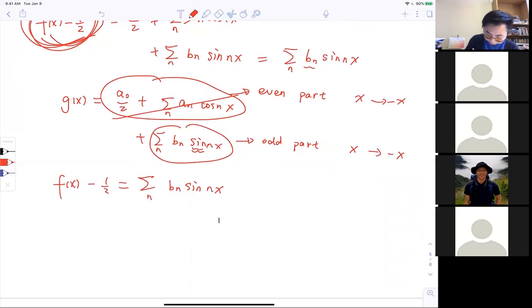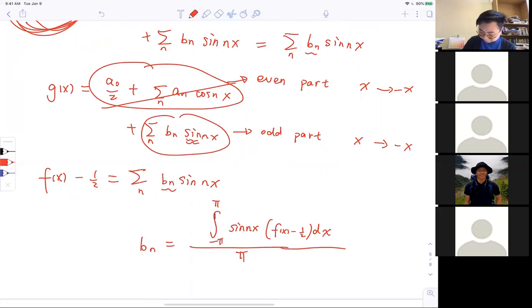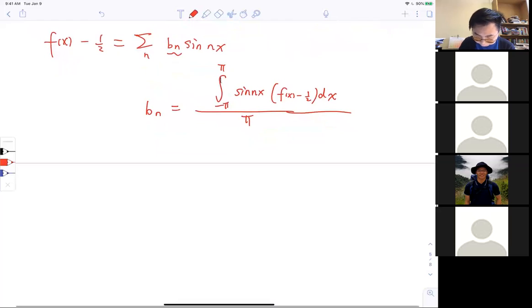So once we have this, we can write down the formula for the coefficient, which is 1 over pi, integral from minus pi to pi, of sine nx times f(x) minus 1/2, dx. Please stop me if you get confused at some steps.